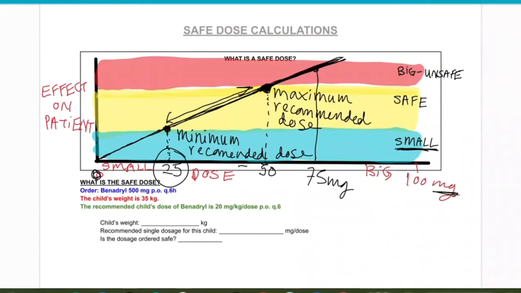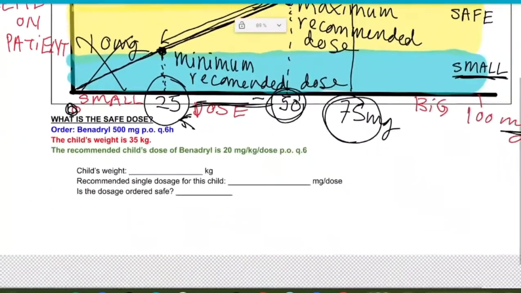Anything greater than your minimum dose will be safe, and anything less than your maximum dose would be safe, but it has to be between these. So if you give a patient 10 milligrams, it won't work. If you give a patient, oopsie, not 75, it should be 50, because this is badness. If I give a patient 75 milligrams, I'm giving them an unsafe dose. So yeah, I hope that made sense.